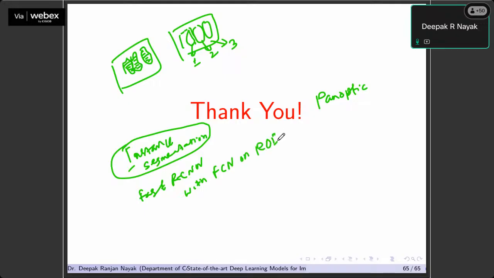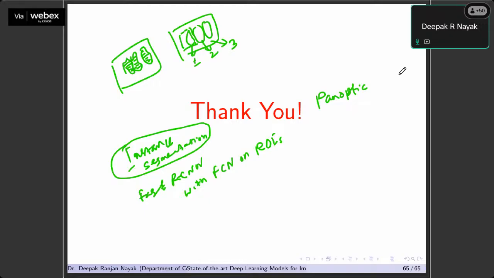What are ROIs? These bounding boxes, these regions of interest. First, you will apply a Faster RCNN to identify the regions where there is an object, and then you will apply FCN. This is the simplest way to solve the instance-based segmentation task. I'm just giving you the idea, right, how to solve this. You can also modify the algorithm, and you will also find a couple of algorithms that have been proposed over the years.